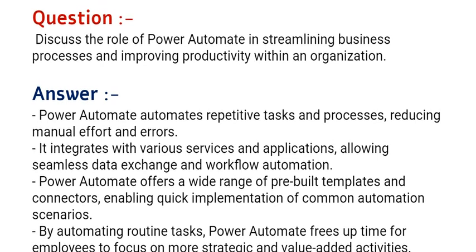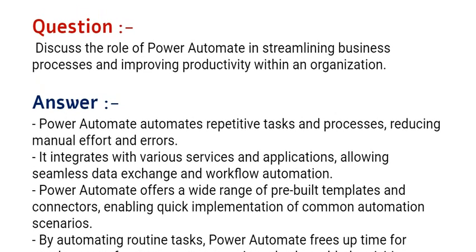Our next question is, discuss the role of Power Automate in streamlining business processes and improving productivity within an organization. Your answer should be Power Automate automates repetitive tasks and processes, reducing manual efforts and errors.